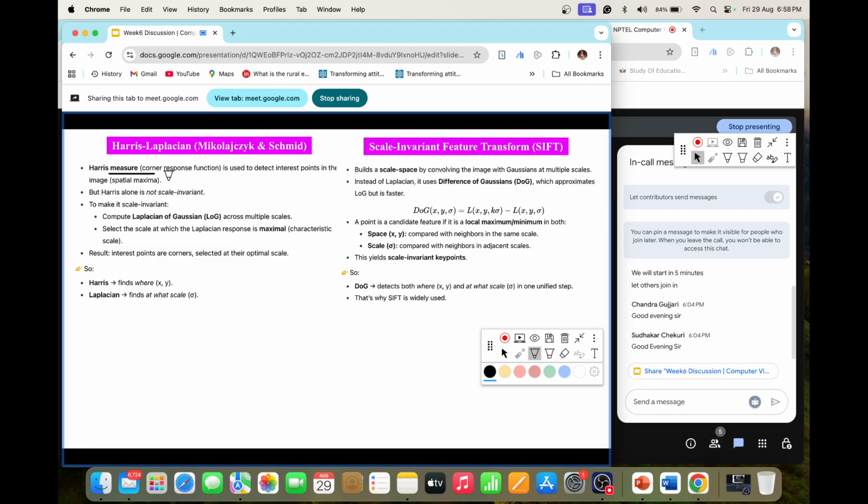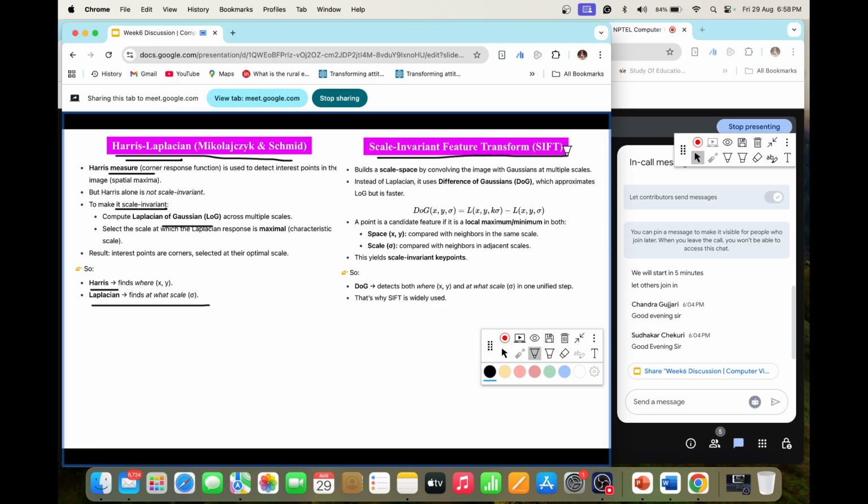That means first find the feature, and second scale the feature. The Harris-Laplacian operator uses the Harris operator to find the feature, and to make it scale invariant, we take the LoG, that is Laplacian of Gaussian, for scaling purposes.